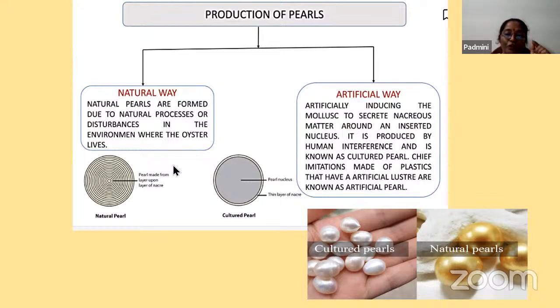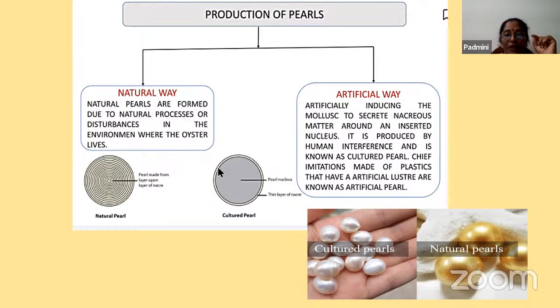But in the cultured pearl, this blank area over there is the large nucleus that you introduce, the artificial beads or something like that, into the mantle of the oyster. Then the oyster adds on its nacre, the mother of pearl, the shine. It's called nacre, N-A-C-R-E, a protein part of the oyster.